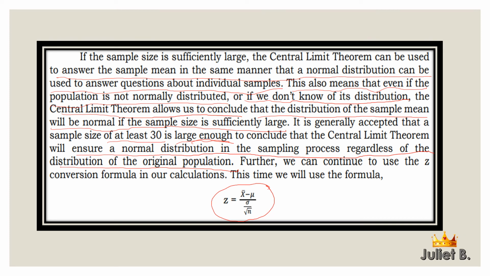So even if it is not being mentioned, if it's a distribution, for as long as the sample size is sufficiently large, we can consider it as normally distributed for as long as the central limit theorem exists and the sample size is at least 30.